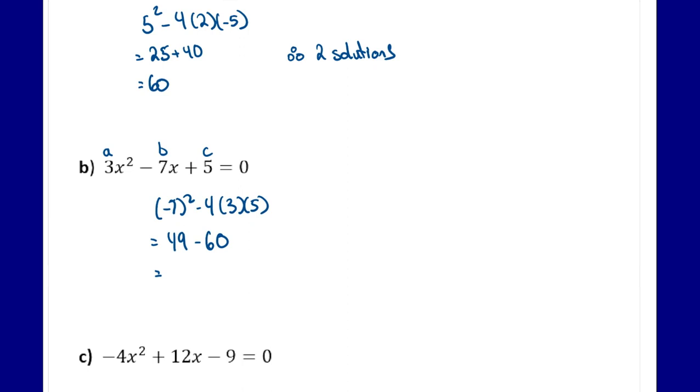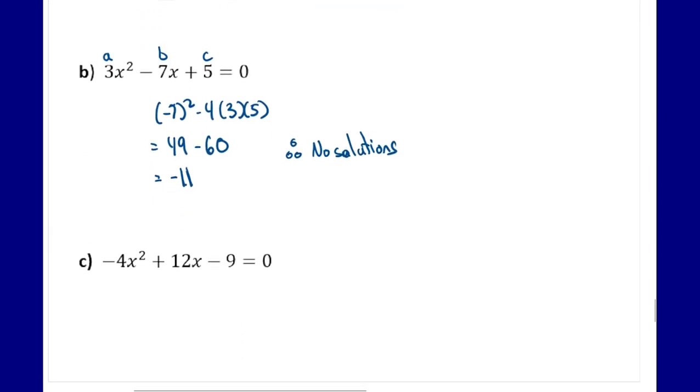Doesn't really matter what the answer is. I can already tell it's going to be negative. But for argument's sake, let's go through. We get negative 11. So therefore, no solutions because of the negative discriminant. We wouldn't be able to take the square root of that negative 11, so we wouldn't be able to finish our quadratic formula.